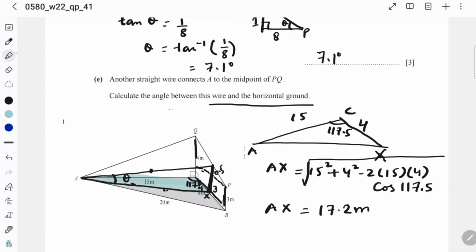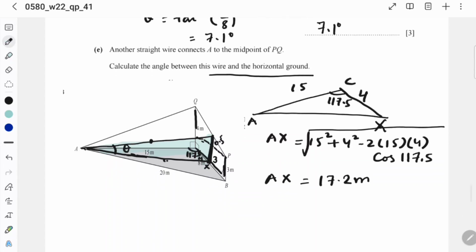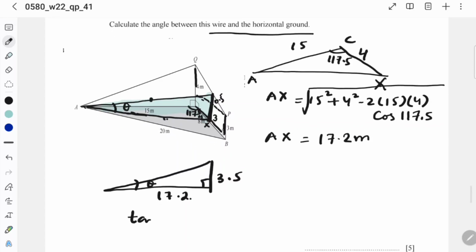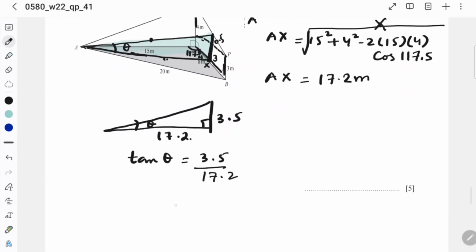Now I'm taking another triangle to calculate the value of theta. I'm taking the whole triangle which I've made here. You know that this one is 3.5 and this is the angle, and we have found this is 17.2, so obviously tan theta is equal to opposite over adjacent, 3.5 upon 17.2, and theta is equal to tan inverse 3.5 upon 17.2.